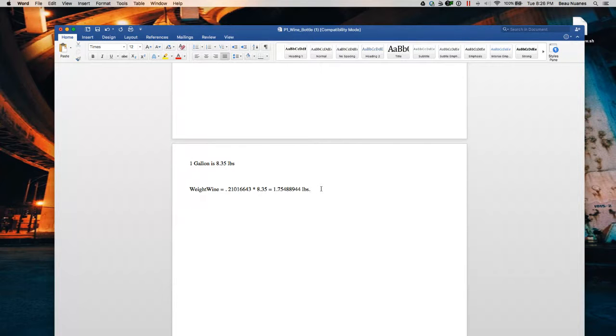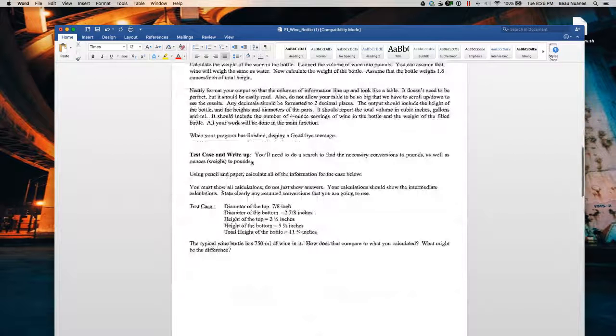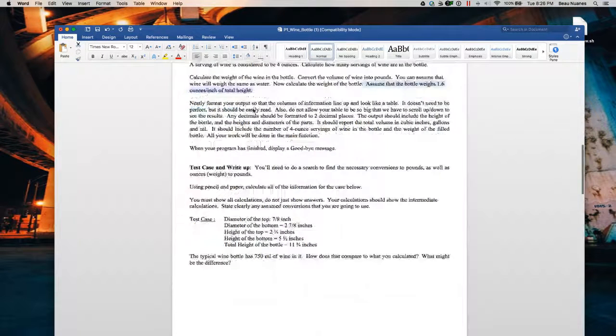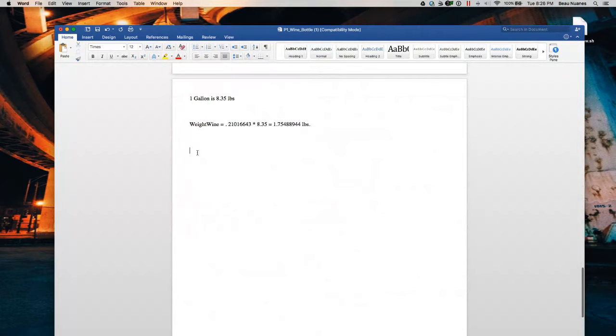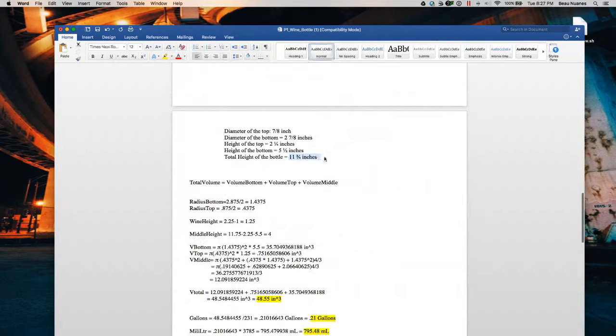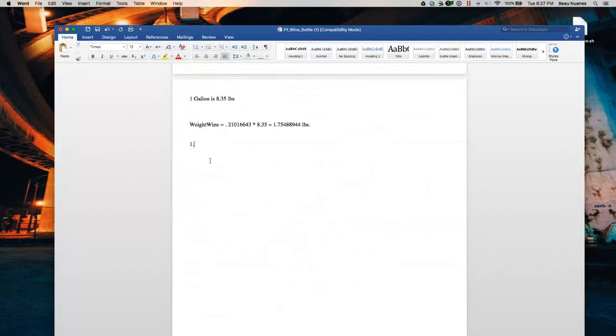Okay. Now we have the bottle weight. From our spec, it says assume that the bottle weighs 1.6 ounces for every inch of total height. So the total height was here, 11.75 inches. 1.6 ounces times 11.75 gives us 18.8 ounces.